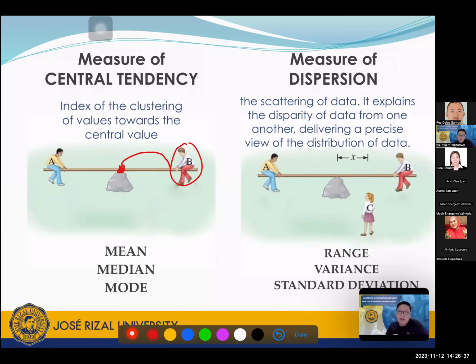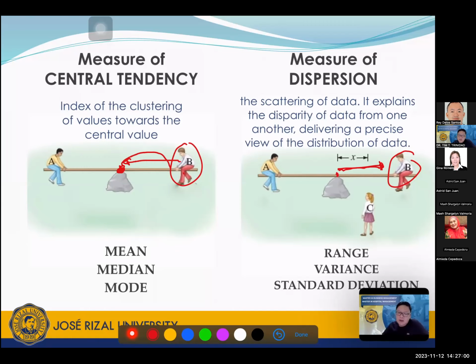When we say measures of dispersion, you look at your data, how far are they from the center? So measure of central tendency, how close they are to the center. But when we talk about measures of dispersion, we will be talking about how far your data are from the center or how different are they.